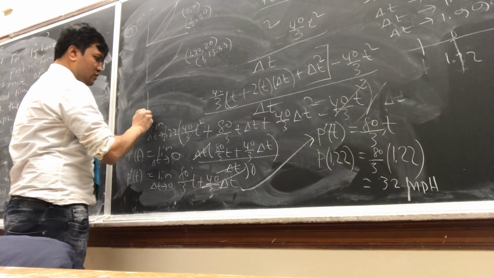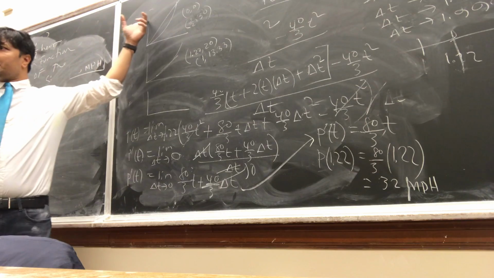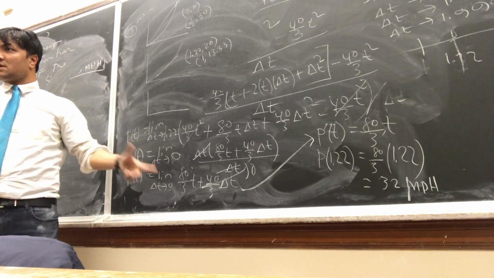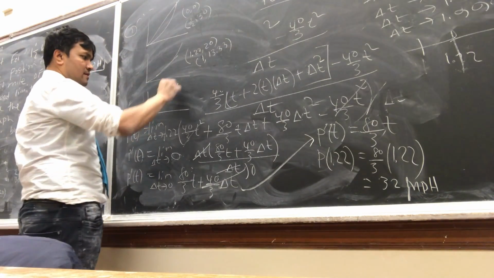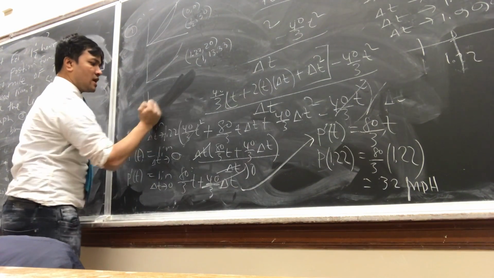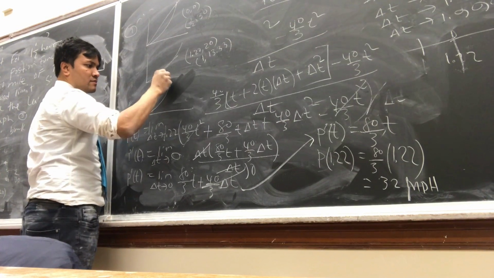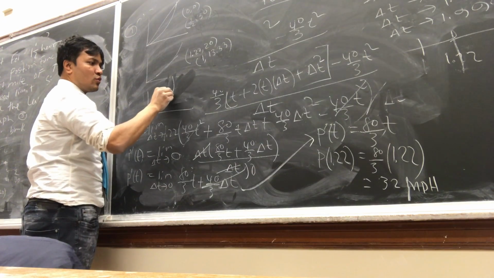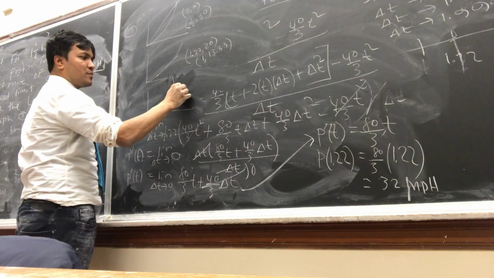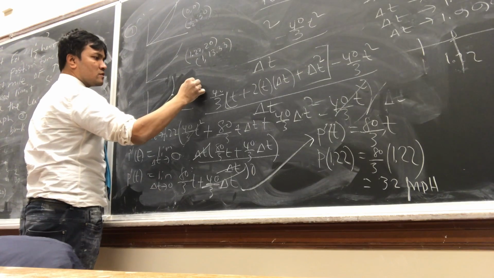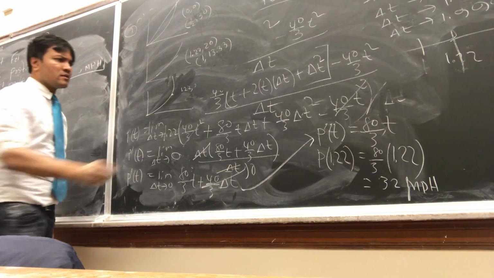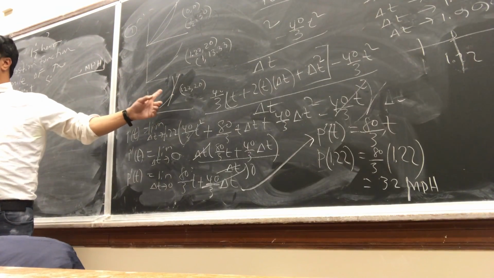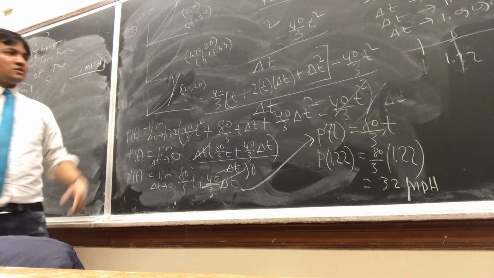Then the last scenario; there can be many scenarios, it can be other ones. So what is this point? 1.22, comma 20. And what is the slope of this one? 32.